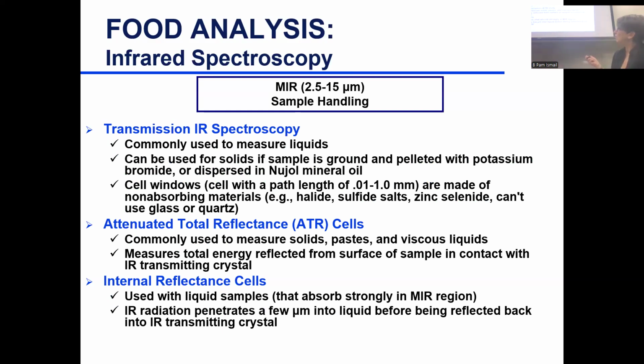But most commonly for solids, it is attenuated total reflectance, meaning the IR radiation hits the solid sample, molecules that absorb light will interact, and the rest of the light will be reflected. That's why it's called reflectance, not transmission in this case.